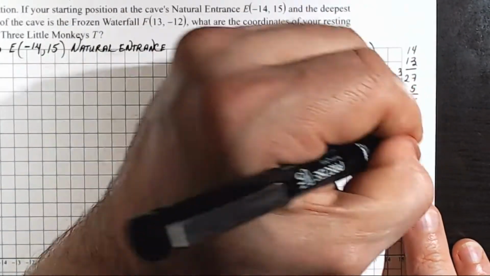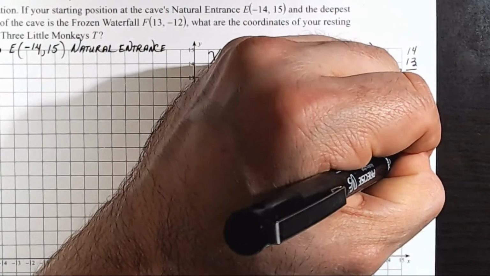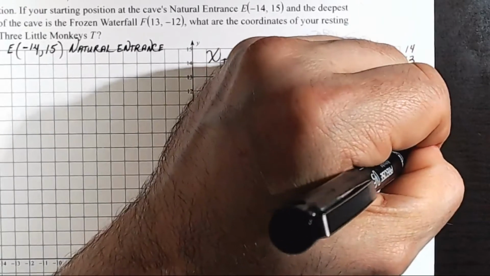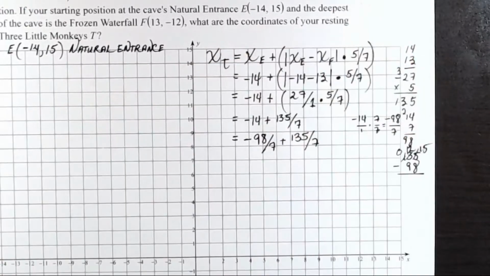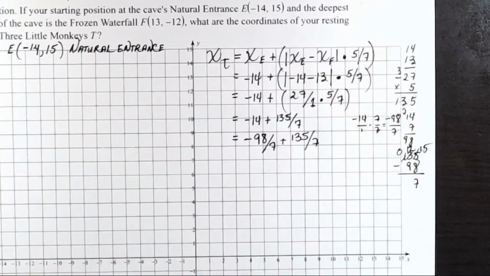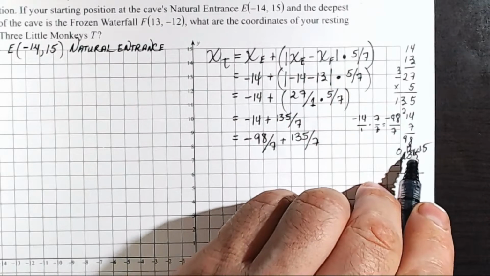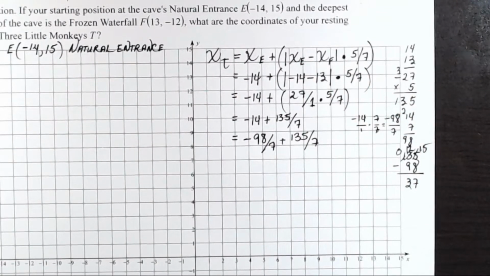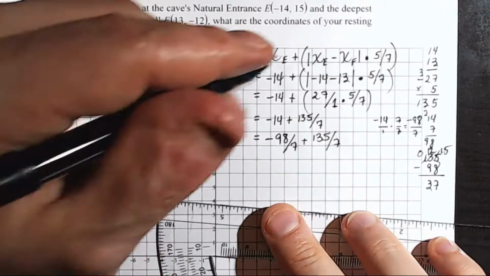All right, we'll borrow. 12, and then 15. 15 minus 8 is 7. And 12 minus 9 is 3. 37, all right?